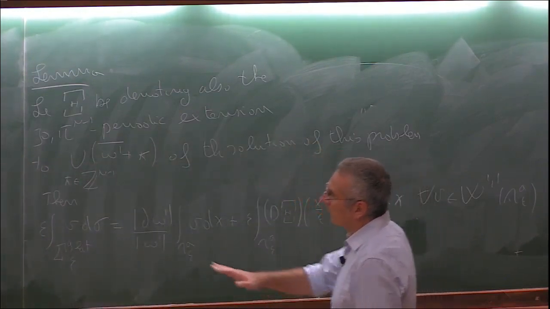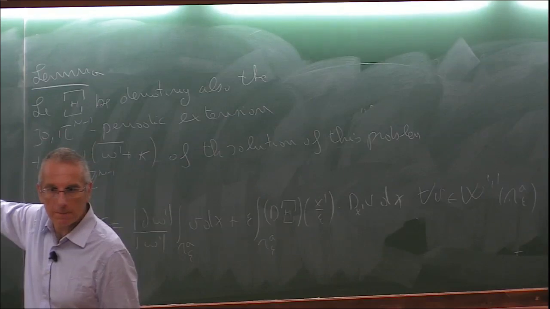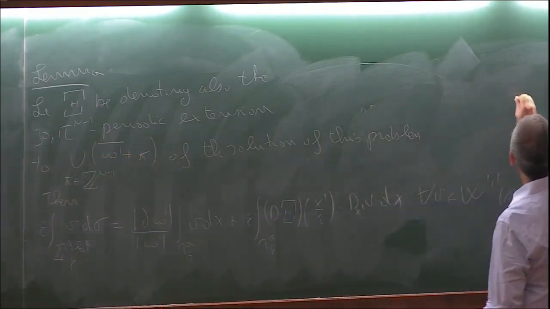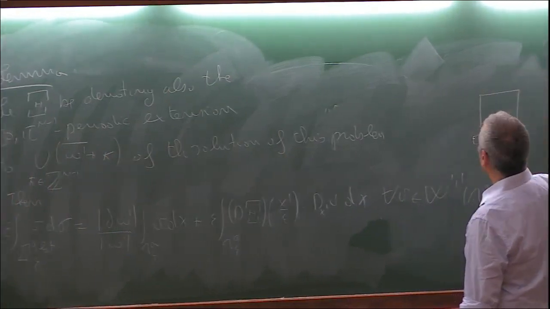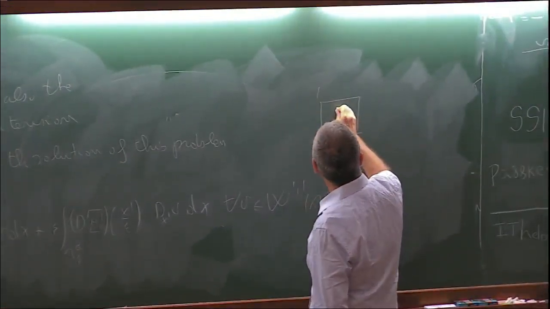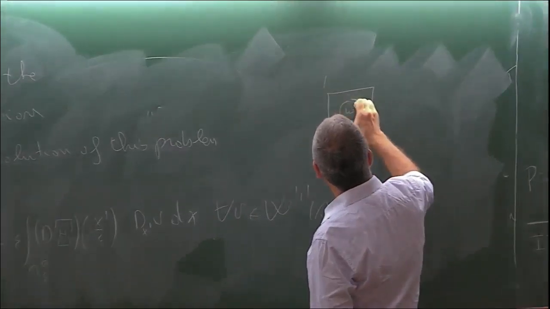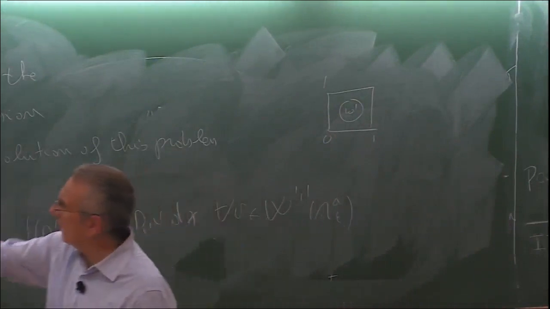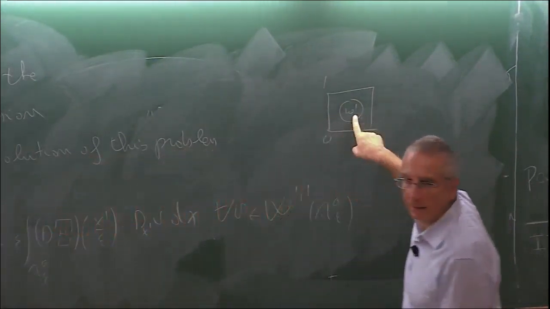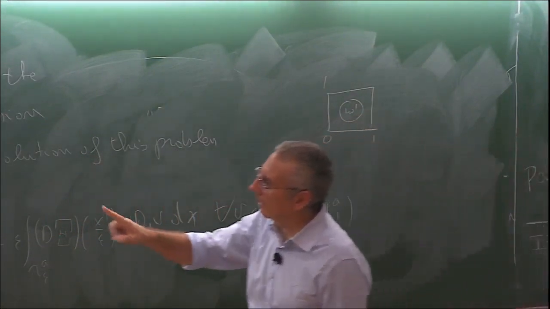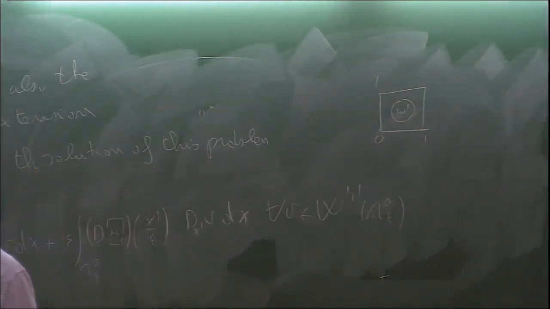Then what you do? Take this function. You have this cell, this is the cell (0,1)^n. This is omega prime. Xi is defined in omega prime and is the unique solution of this problem.